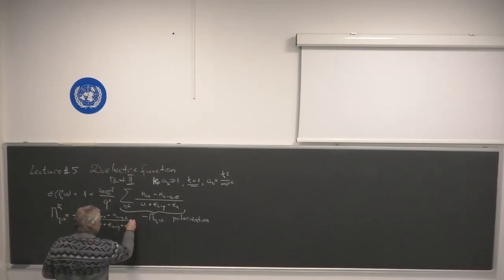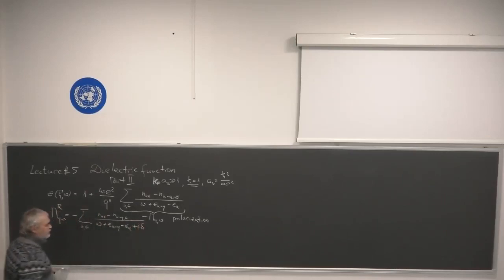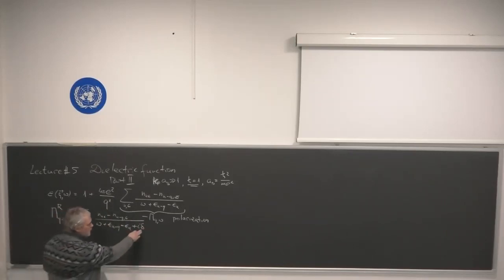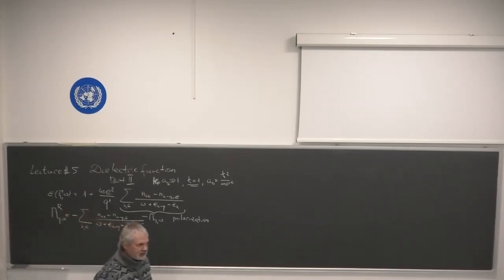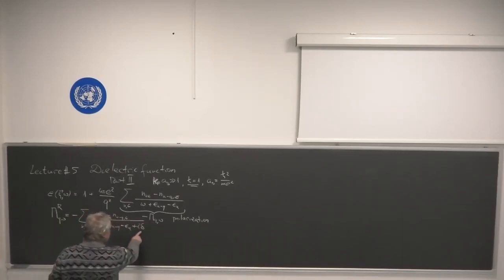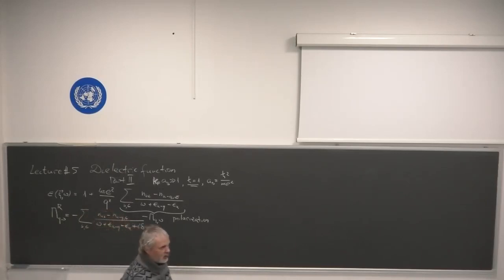To be absolutely precise, if I define this function as a retarded function, I need to write here i delta, and then this function doesn't have any poles in the upper half plane of omega. The origin of this small addition, delta goes to 0, was discussed during the last lecture.